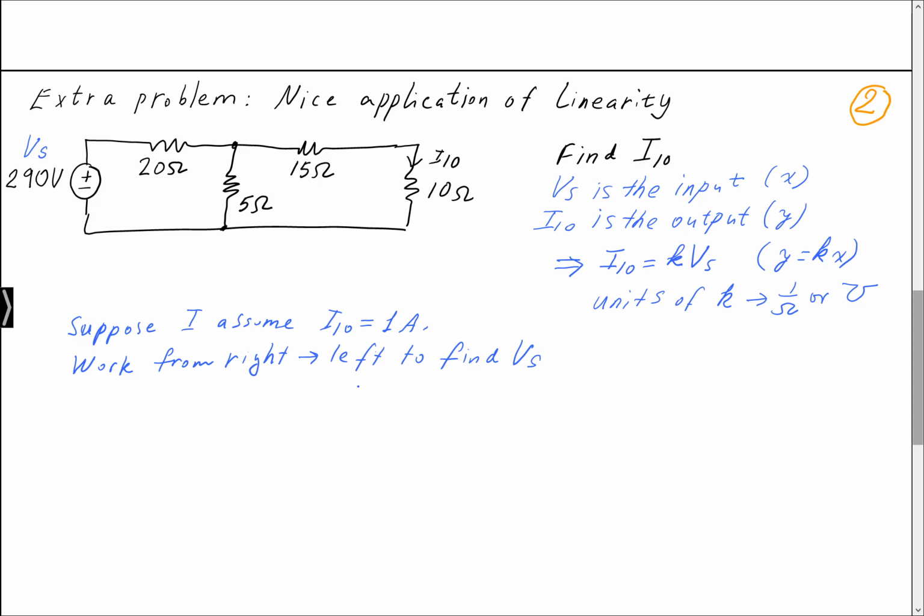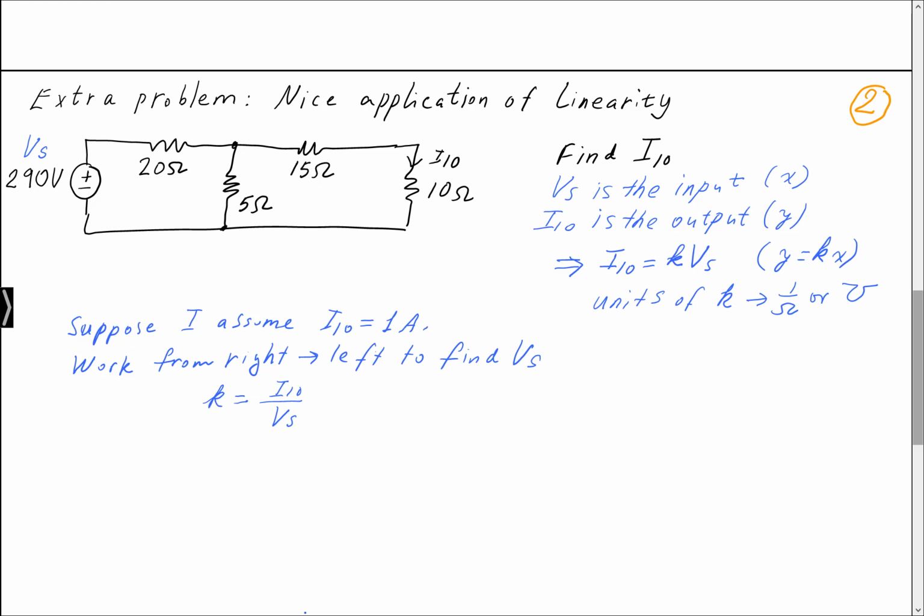Now what does this get me? Remember, I10 is kVs, so K would be equal to I10 over Vs. Now I just found K. If I found K, then I can use the equation with the Vs that was given in the original problem, which is 290. You see what I'm saying?